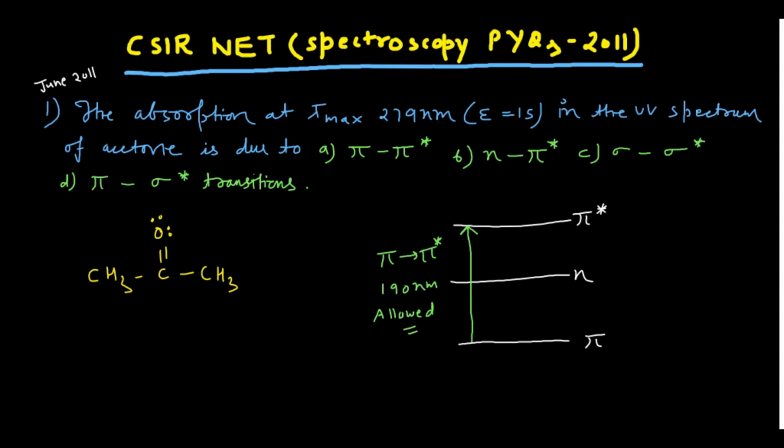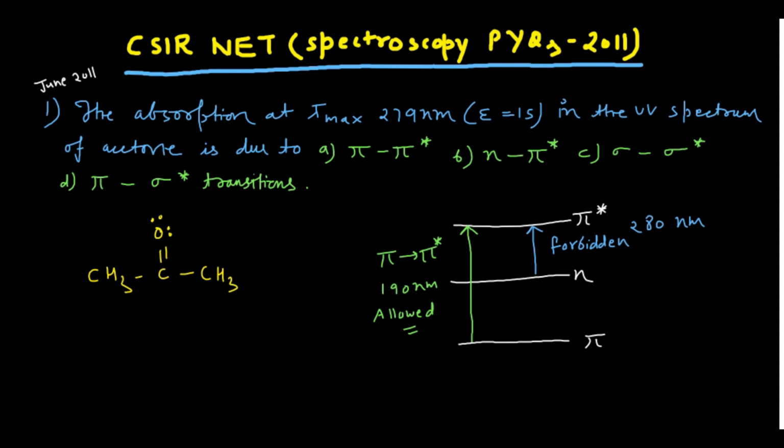And the second important transition is from non-bonding electrons to the pi anti-bonding. This transition is basically the forbidden transition, and lambda max for this transition is somewhere around 280 nanometer. So only these two transitions are of utmost importance for the carbonyl compounds.